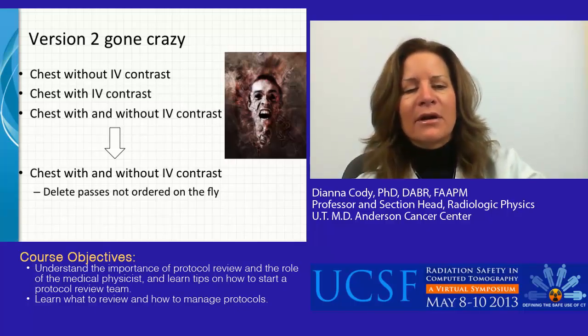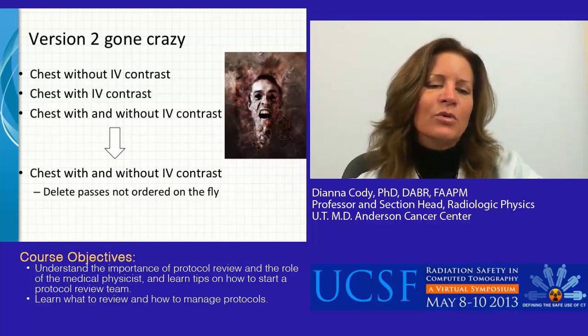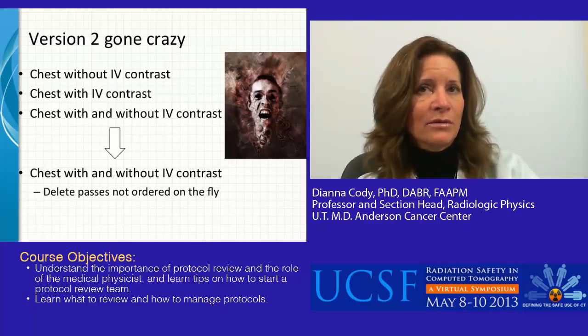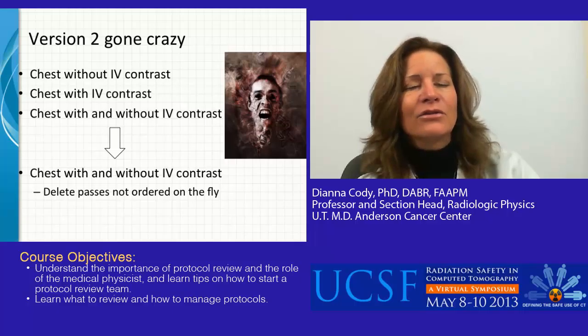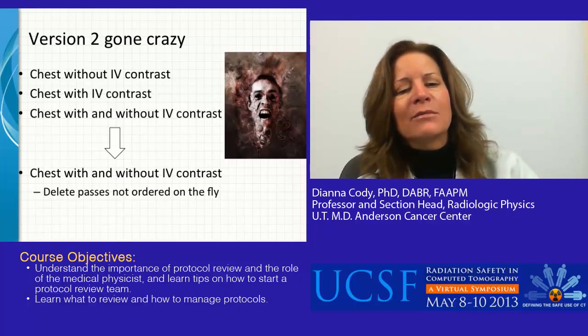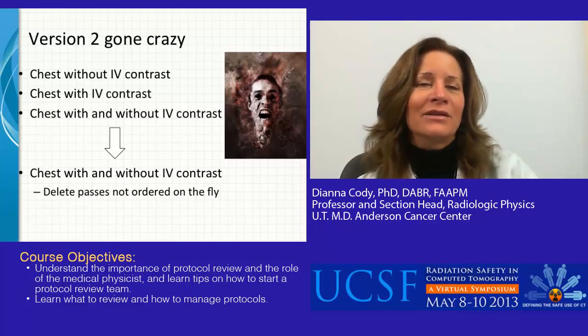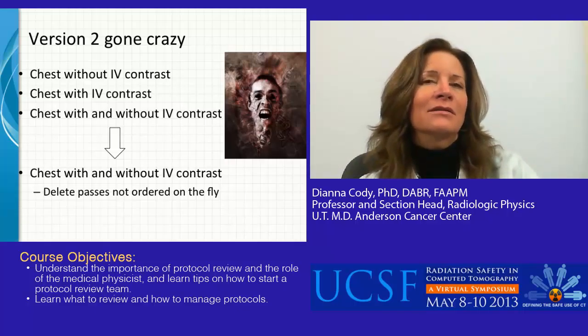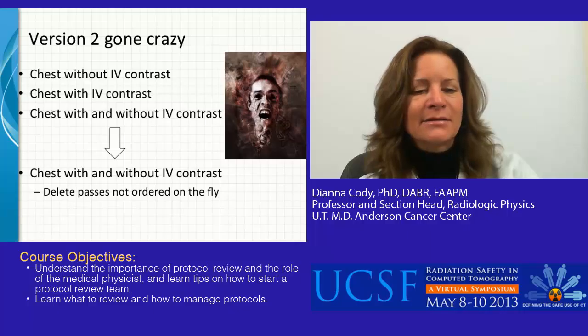When we started our process, for example, we had a protocol for chest exam without IV contrast, a separate protocol for a chest exam with IV contrast, and a third protocol for a chest exam with and without IV contrast. So three protocols where the basic technical parameters should have been exactly the same.